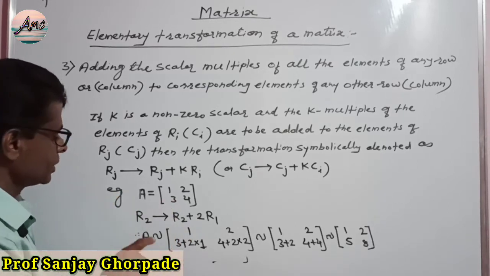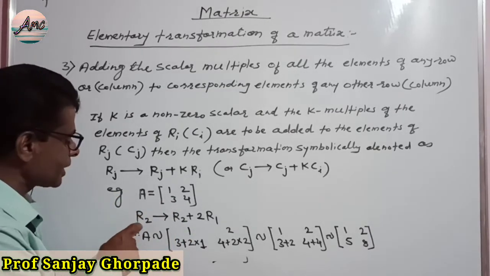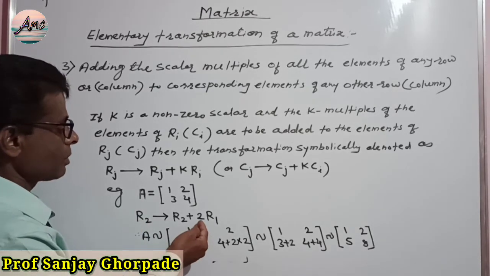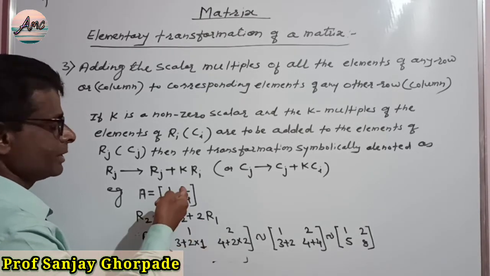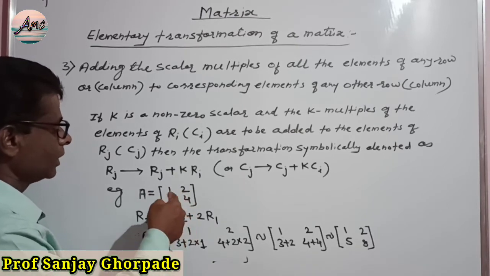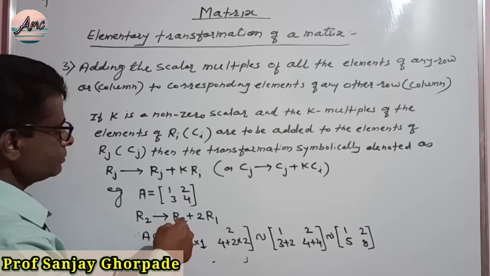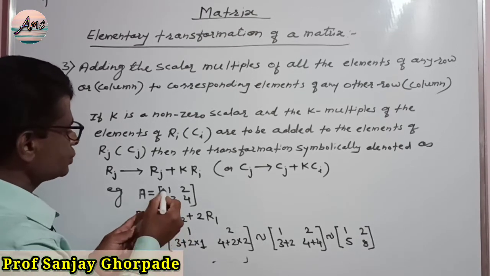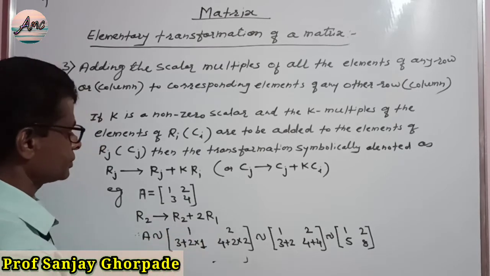In that matrix, the elements of the second row are obtained by what? First we are going to multiply the constant 2 to each element of the first row, and the product is to be added to the corresponding elements of the second row. There is no change in the first row, it will remain as it is.